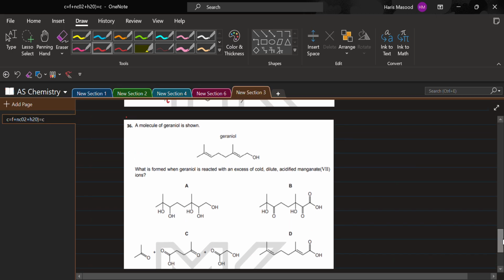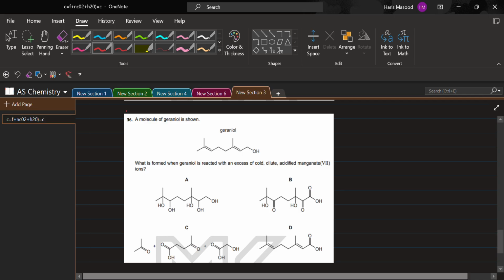Now we have changed the conditions. We have used cold dilute acidified KMnO4, which means the permanganate ions. Always remember, sometimes the examiner uses only the MnO4 minus ions in the question, because K is only used to make this compound.